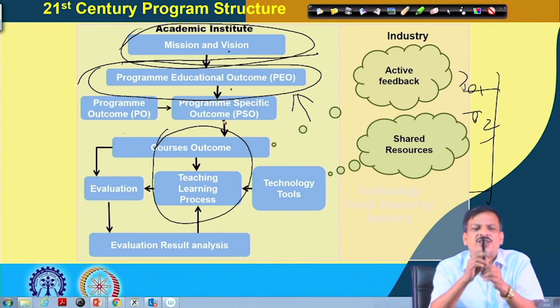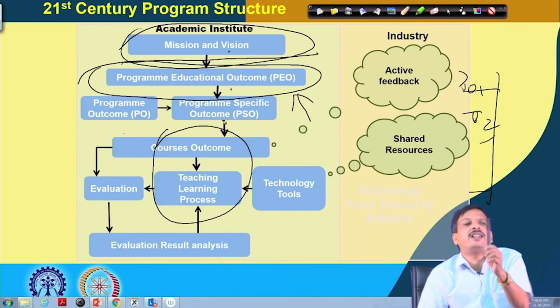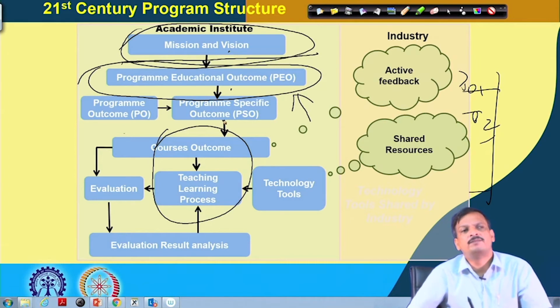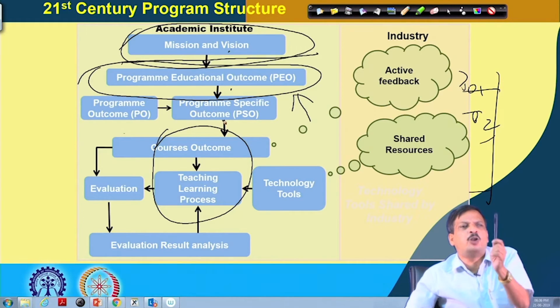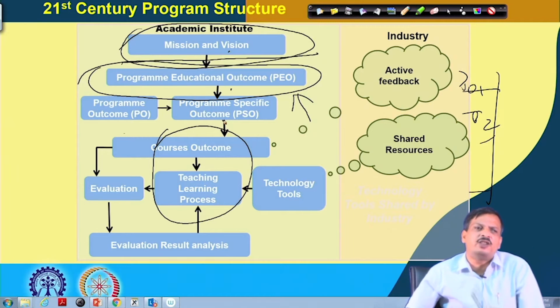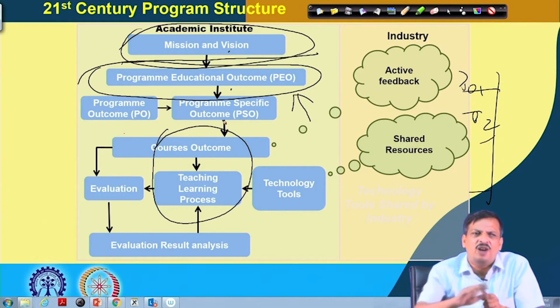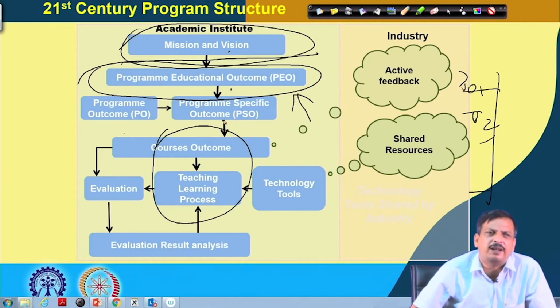If an institute says that I follow MIT curricula, does this institute become MIT? All subject curricula I follow. Somebody may say, okay, I follow the IIT curricula, and that institute becomes IIT. Following the curricula does not make the institute reach that level.